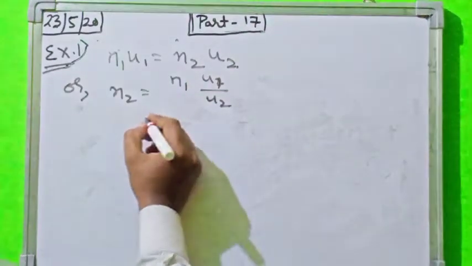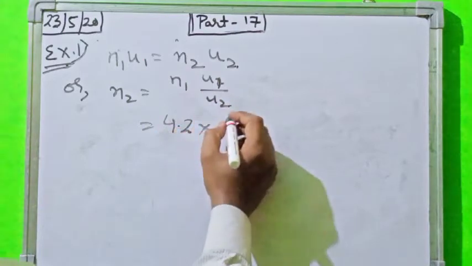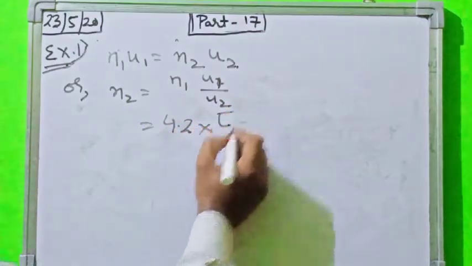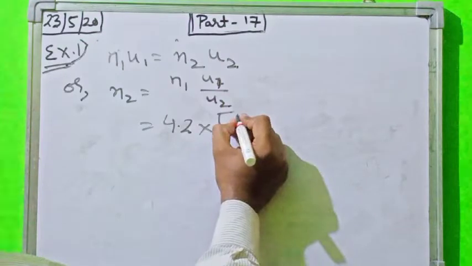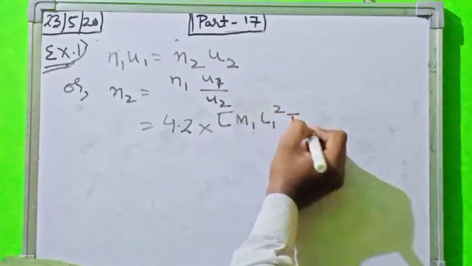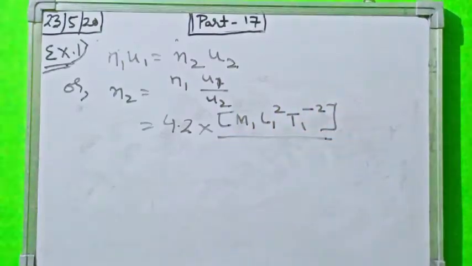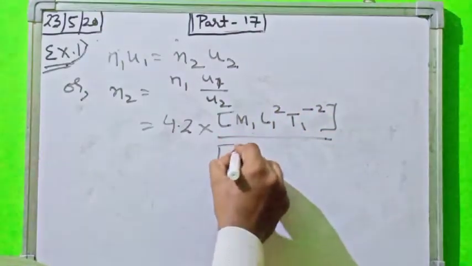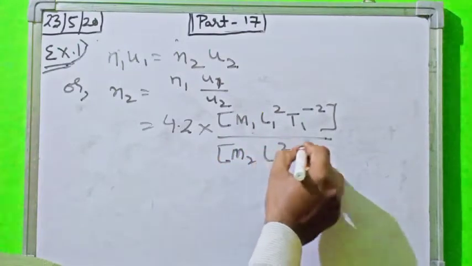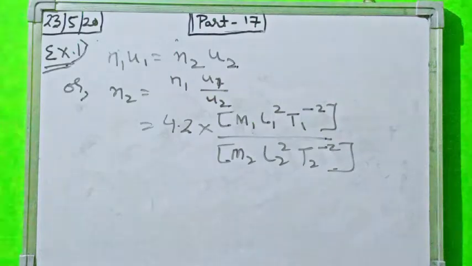So it is given in the question that N1 is equal to 4.2, U1 is equal to M1 L1 square T1 minus 2, and U2 is equal to M2 L2 square T2 minus 2.